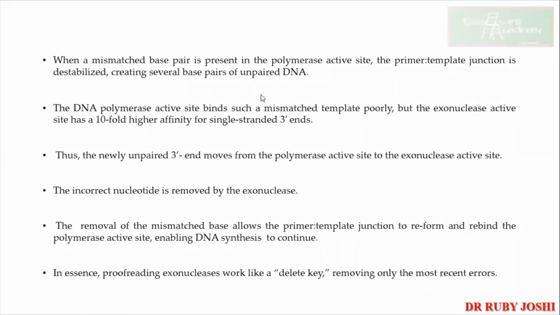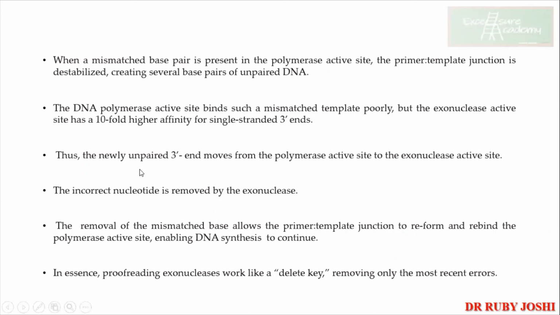Same thing over here. So when a mismatched base pair is present in the polymerase active site, the primer template junction is destabilized. Now, the DNA polymerase active site binds such a mismatched template poorly, but the exonuclease active site has got the higher affinity. Obviously, right? जब आपका exonuclease active हुआ है, तो polymerase की activity कम हो जाएगी, and vice versa. जैसे ही mismatch आपने remove कर दिया है, exonuclease activity कम हो जाएगी and polymerase activity high हो जाएगी.